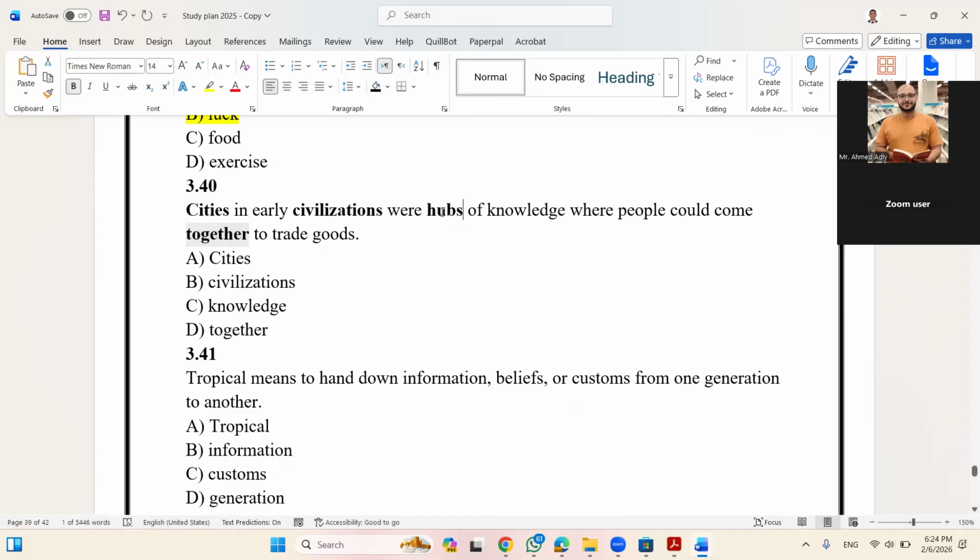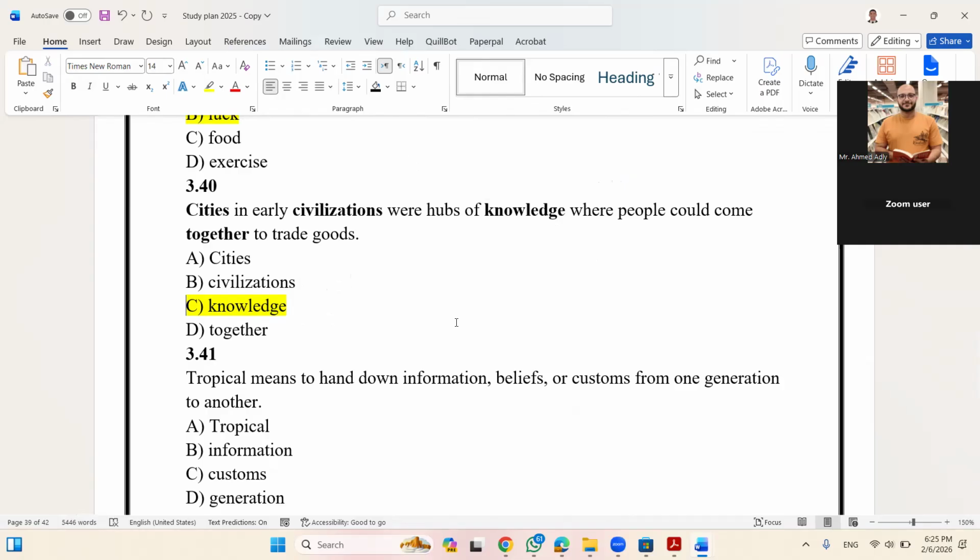Not hubs of knowledge here. I need something which means commerce. Cities in early civilizations were hubs of commerce, hubs of trade.